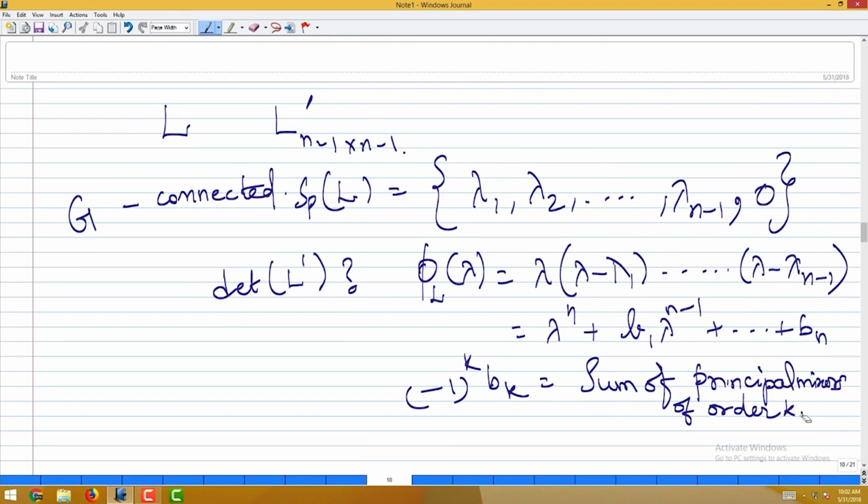When I say sum of principal minors, that is also nothing but taking k lambdas at a time, you take the product of them and sum it. Lambda 1, lambda 2 up to lambda k plus lambda 2, lambda 3 up to lambda k plus 1 and so on. So, all possible combinations is what you do.